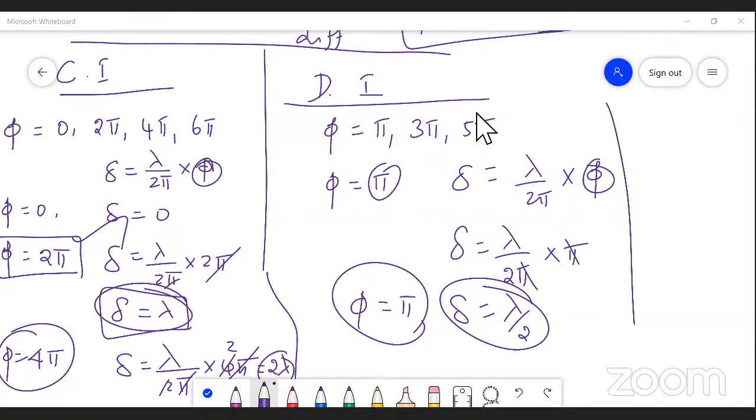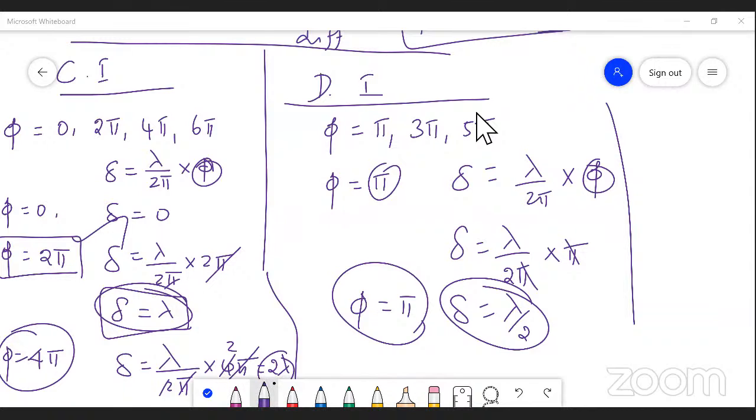Very good. So the conditions of constructive and destructive interference: for constructive interference, the phi value is 0, 2 pi, 4 pi, 6 pi, that is 2n pi. For destructive, pi, 3 pi, 5 pi.